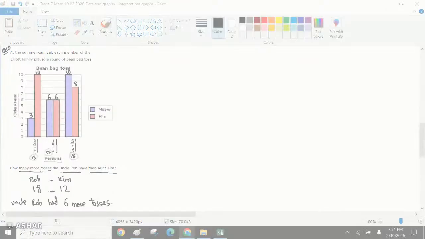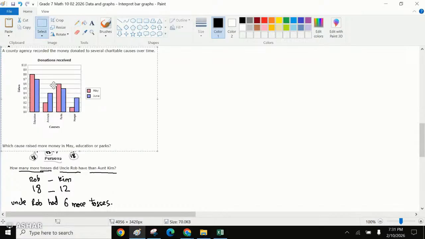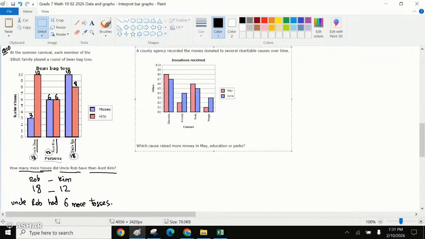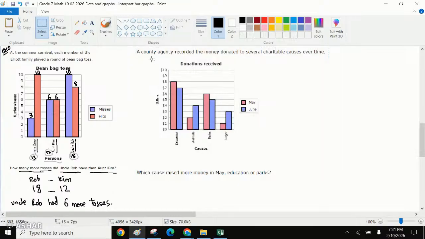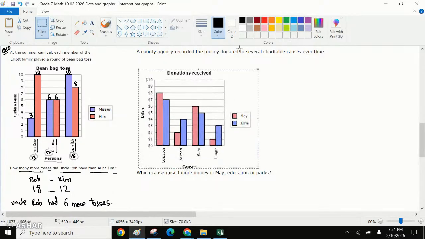A county agency is recording the money that has been given for charity, okay? Charitable money, it's okay. We will do it from the scratch. What we are doing is we are looking at bar graphs in this topic, and bar graphs will show us information in form of bars of any scenario, different scenarios, okay?